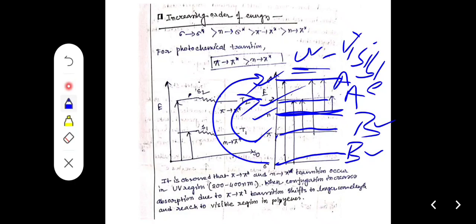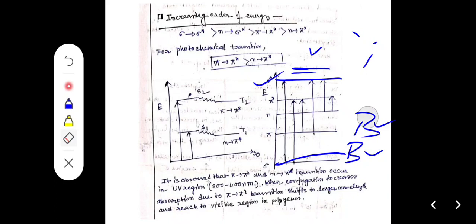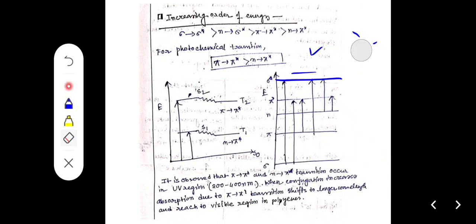Their corresponding opposites, sigma star and pi star, belong to anti-bonding. In between bonding and anti-bonding, the non-bonding region will be there. So there can be lots of transitions.